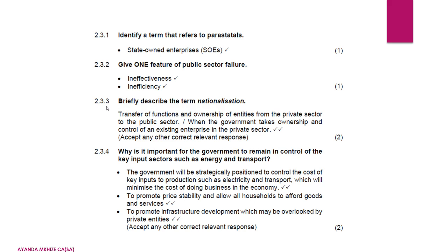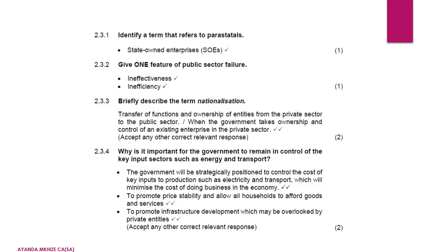Then 2.3.3, briefly describe the term nationalization. We had spoken that nationalization is when they take the private sector company and make it public sector or government owned. Then let us read what we have here. Transfer of function and ownership of entities from private sector to a public sector. When the government takes ownership and control of an existing enterprise in the private sector.